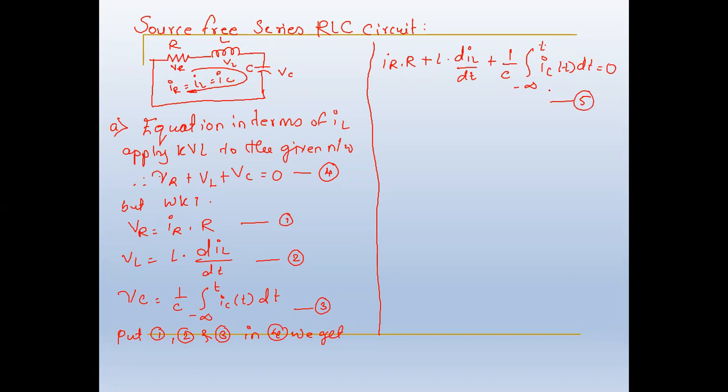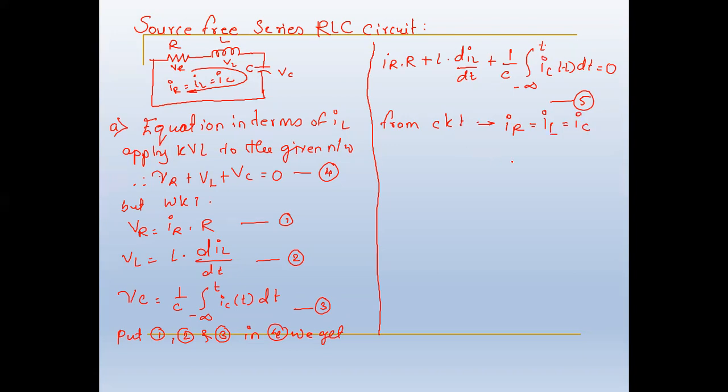Okay. So if we go through the figure or the circuitry that we have, and if we check the same, from the circuit, what we can write is that the current across the inductor, capacitor, and resistor is the same.